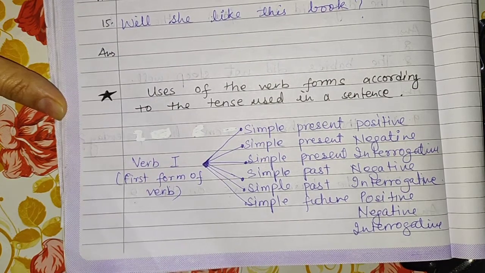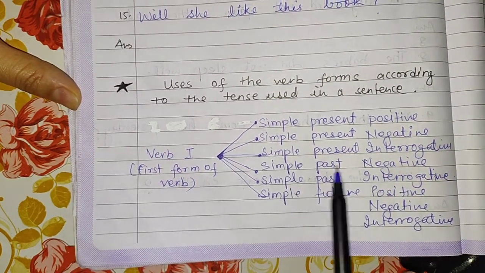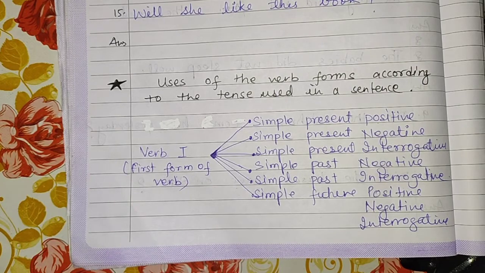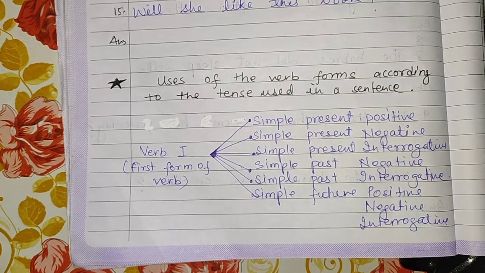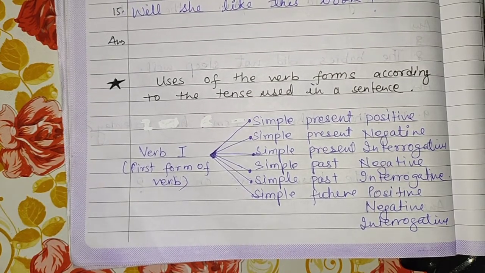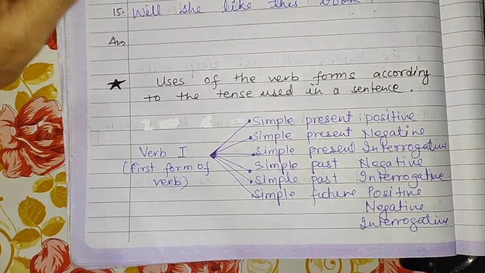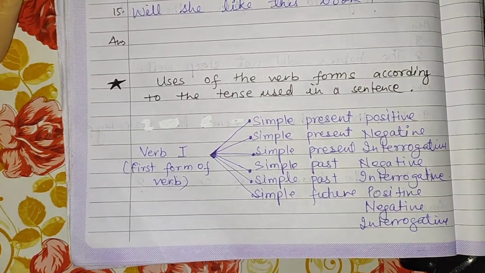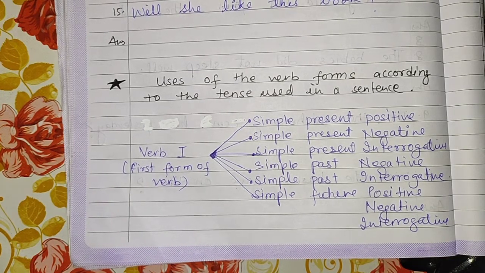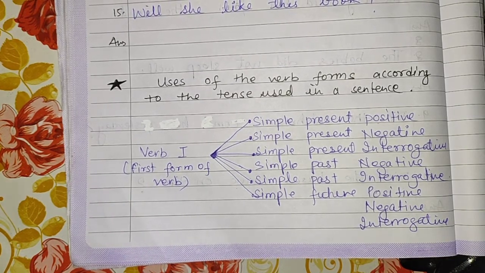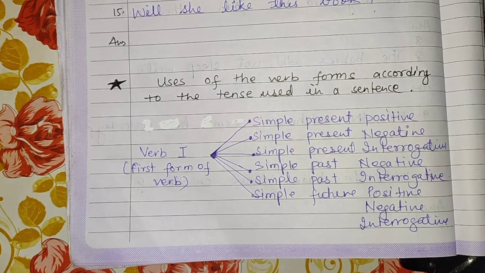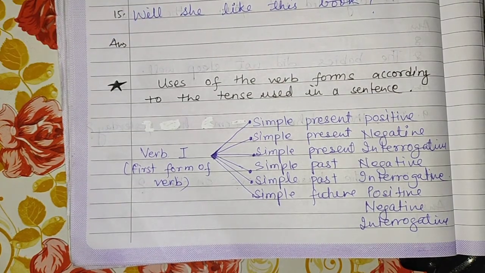All right, now next is simple past negative. When we write sentences in the simple past tense, for a past positive sentence the verb form is changed. We will take it afterwards.